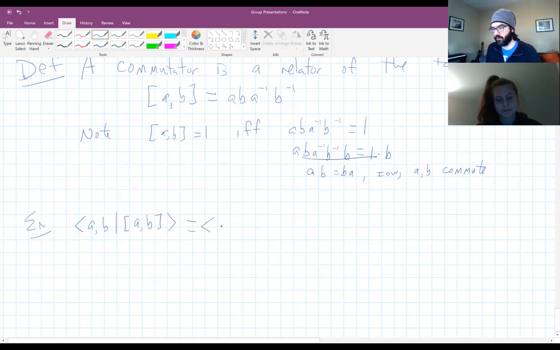Well, this is the same thing as the group given by A, B such that AB equals BA. It's a group with two generators, and they commute with each other. Can you think of what group that is? Is it a dihedral group? No, because the dihedral group has a lot more defining relations. Yeah, that's true. If you rotate it 4 times around, you'll get where you started. This has only one relation, that A and B commute.